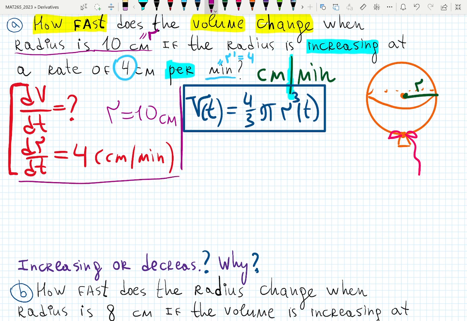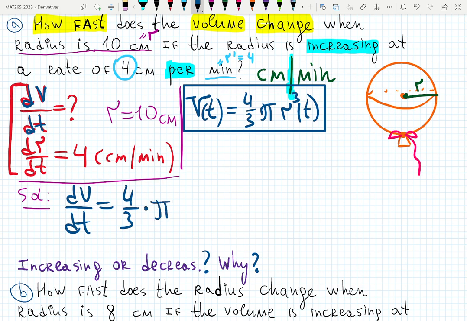So we're gonna have, I would say, the solution. I need to find this dV/dt. I'm doing implicit differentiation on everything I see. So 4/3 pi, the 3 goes down, r squared of t. Something is missing.